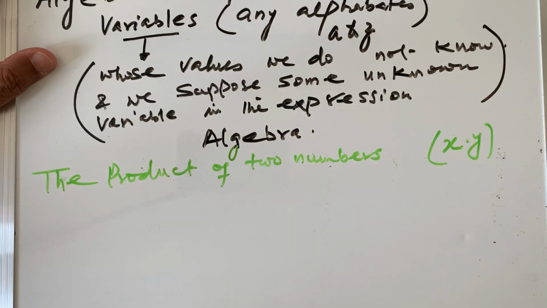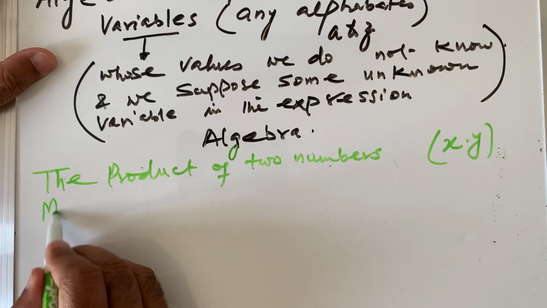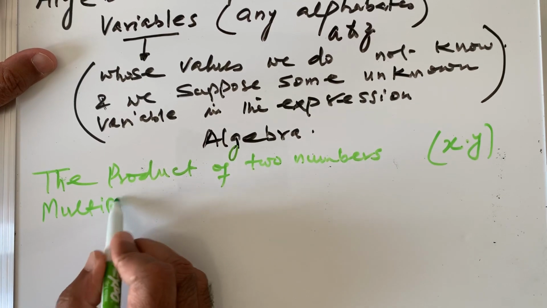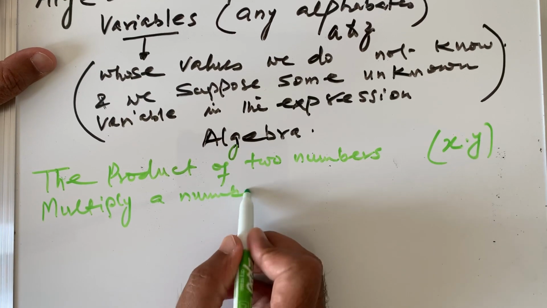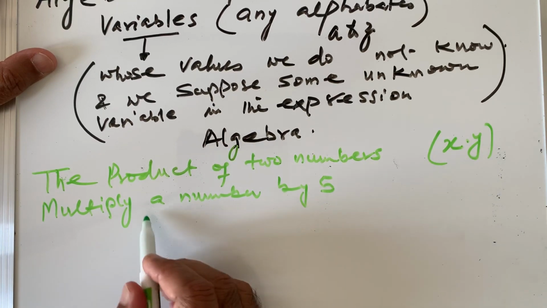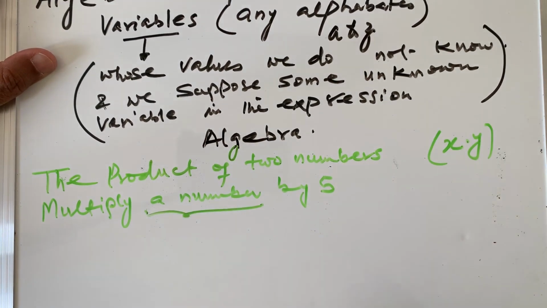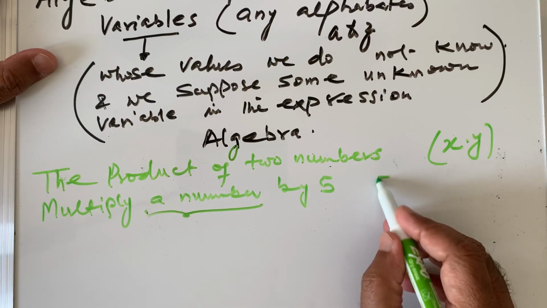Or if we are saying multiply a number by 5 and add another number to it. Multiply a number by 5. We don't know the number, so we have to assume any variable, any alphabet. Say the number is x, so multiply a number by 5 means 5x.